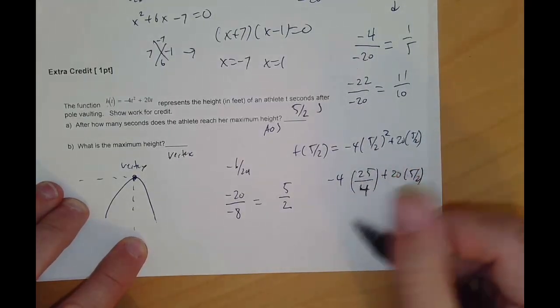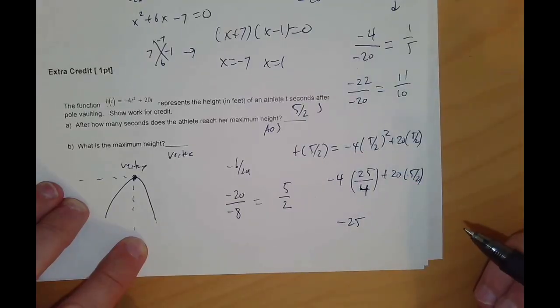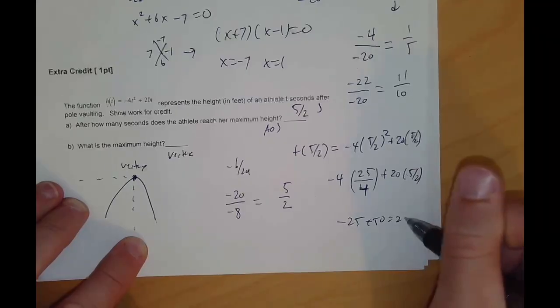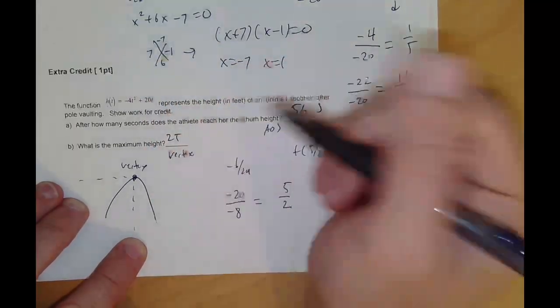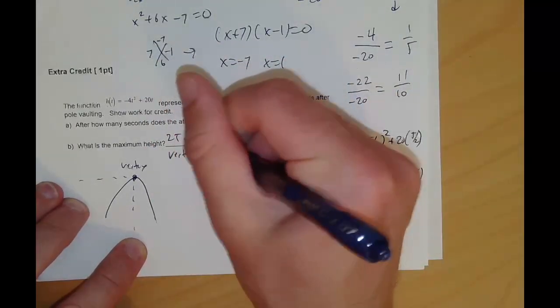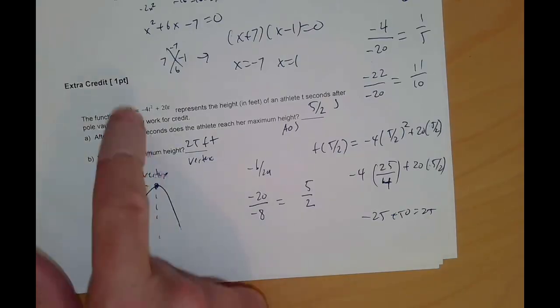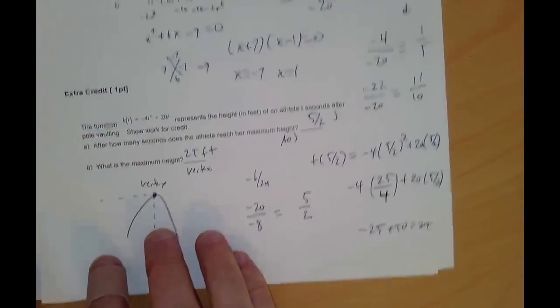Okay, so here that's going to cancel. It's going to be negative 25, and then here that'll be 50. So it's 25. So it would be 25 feet. That's extra credit, so don't stress too much about that last one. But that is just finding the vertex of this quadratic. That's all you're asked to do.